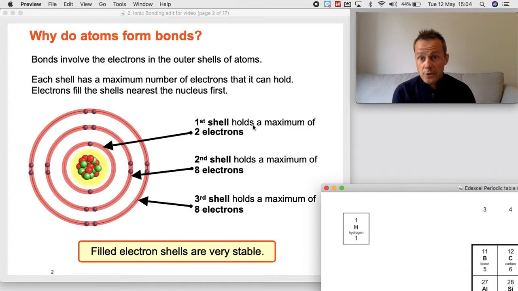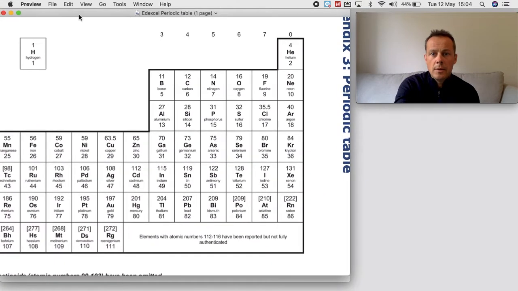So if we have 10 electrons, that first shell has taken 2 and the second shell takes up 8, making neon a stable element because it has a full outer shell. So the key thing to remember here is if an element has a full outer shell, it is completely stable and it will not form a bond to become stable.